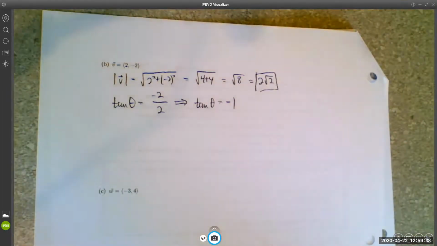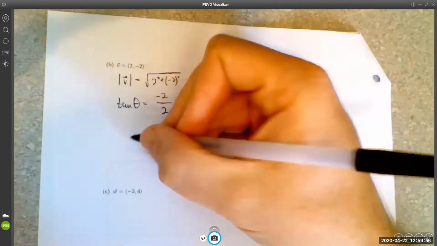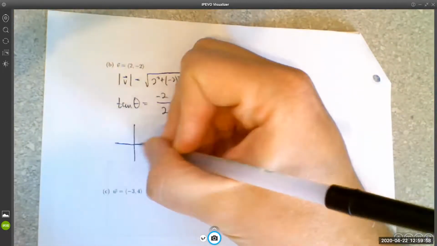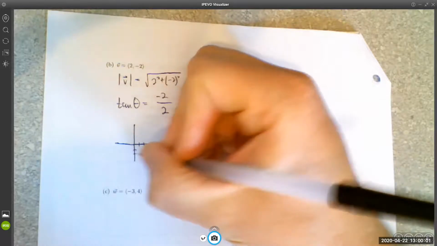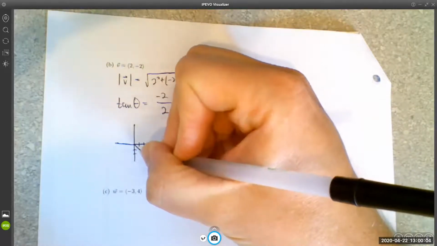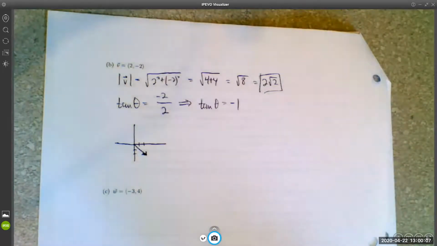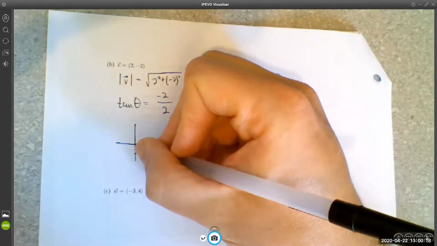And now here's where you're going to run into issues. If you take tangent inverse, you're going to get theta equals -45 degrees, which is not true because you need theta to be a positive angle. And we also need theta to be in the correct quadrant. So let's see what quadrant we're supposed to be in. 2, -2, so that would be that vector right there. So we need to be in quadrant 4. -45 degrees is in quadrant 4, but it's not a positive angle, right? We need theta to be a positive angle. So in other words, -45 degrees describes that angle right there.